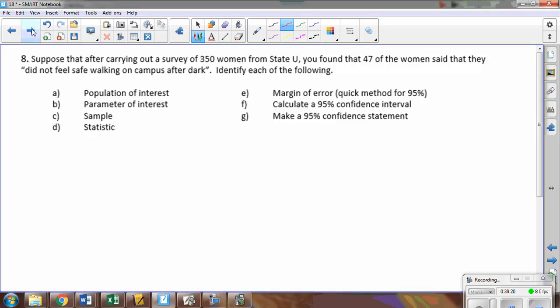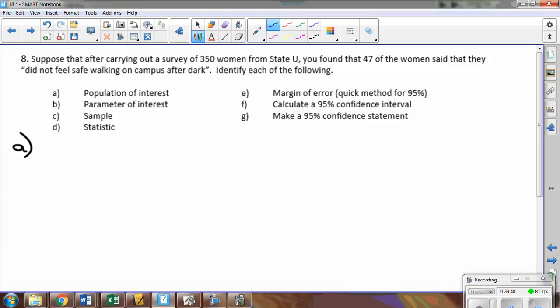And now here is our final question. Suppose after carrying out a survey of 350 women from State U, you found that 47 of the women said they did not feel safe walking on campus after dark. Identify each of the following. The population is the group of all people. It's everybody.